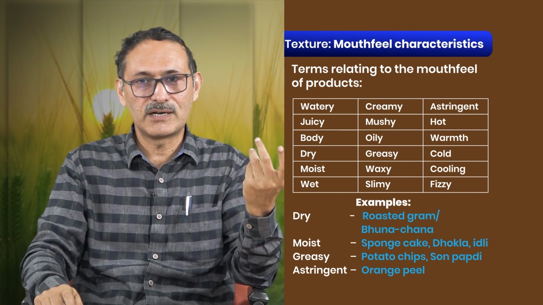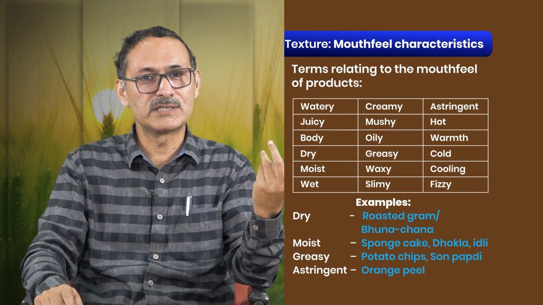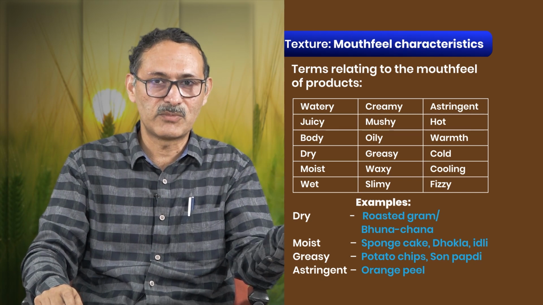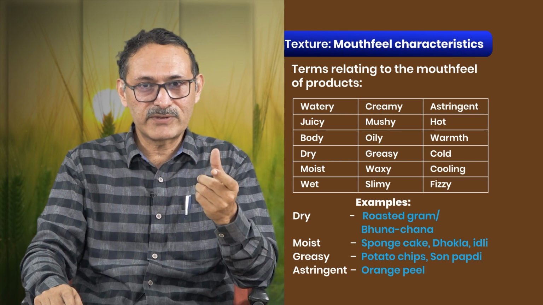While when you take the dokla, you feel your mouth is full of water, so it's a moist feel. In some sweets, where too much ghee or butter oil is there, they can give a feel of a greasy product. There could be astringency, say, for example, in marmalade, where you have added orange peels. So they may cause a mouthfeel of astringency.